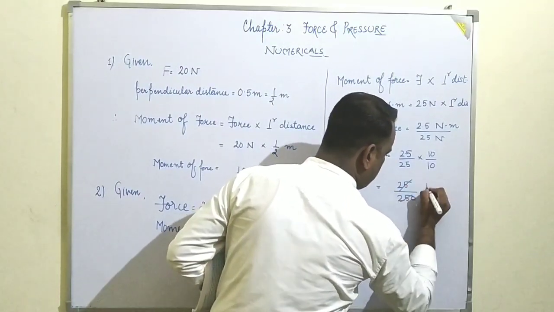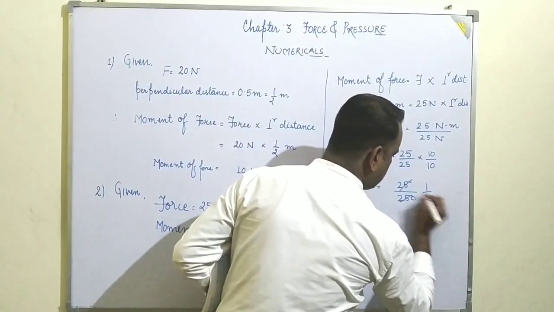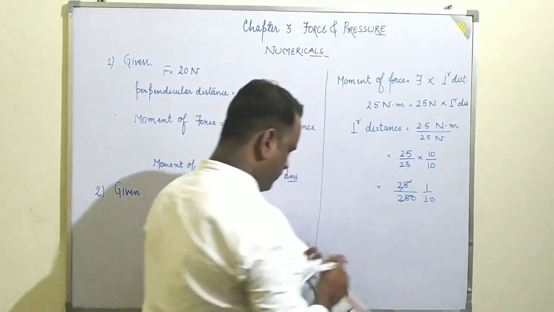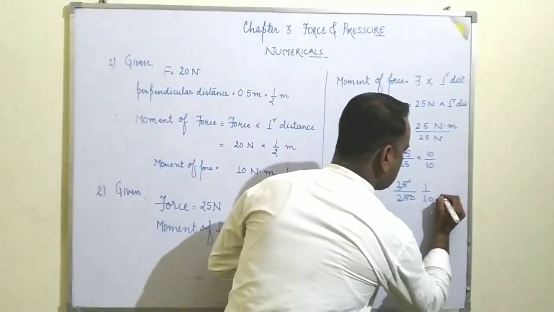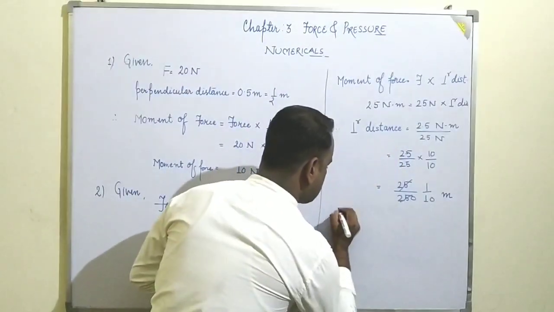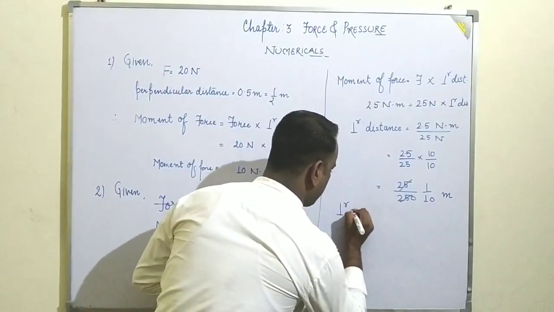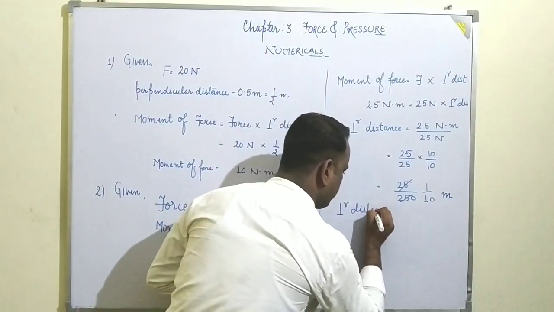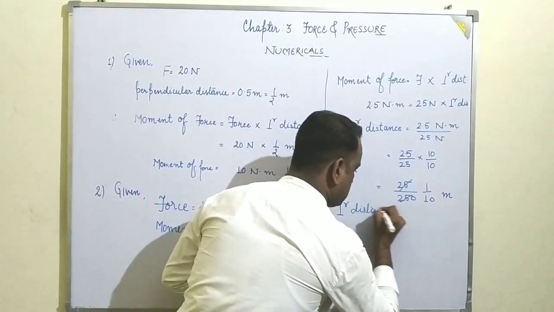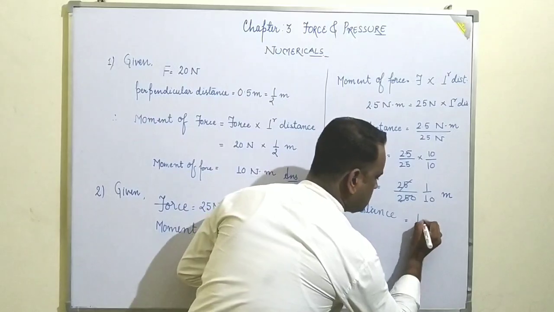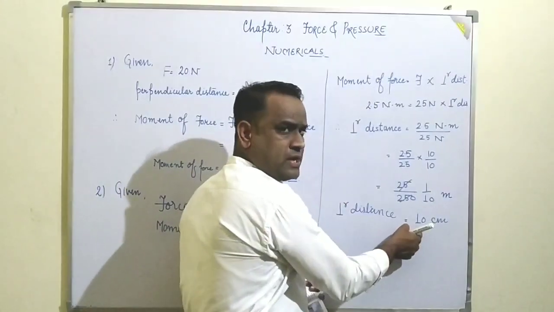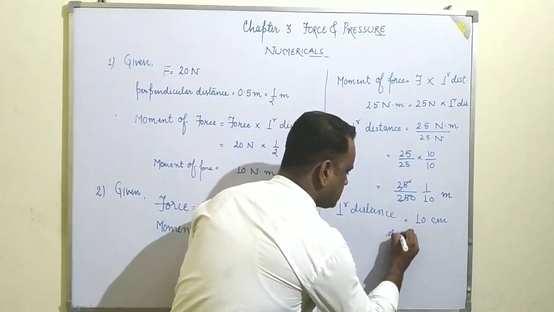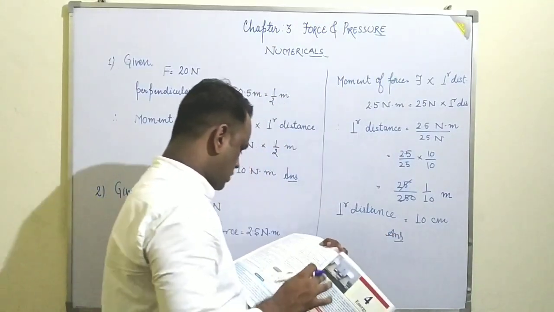So it will be 1 upon 10 meter. In the answer it is given that the perpendicular distance will be 10 centimeter. We can also write 1 upon 10 meter is equal to 10 centimeter. So the second question is also solved.